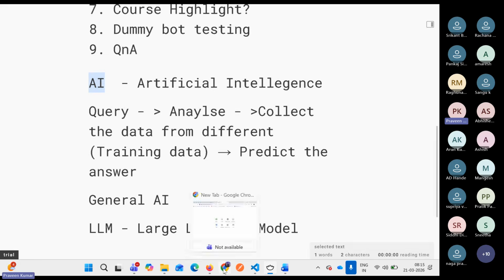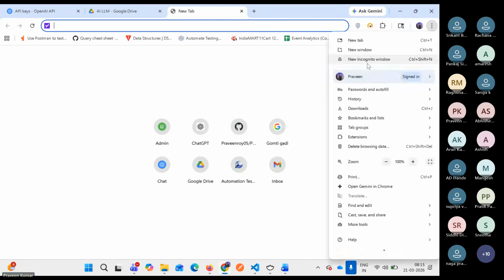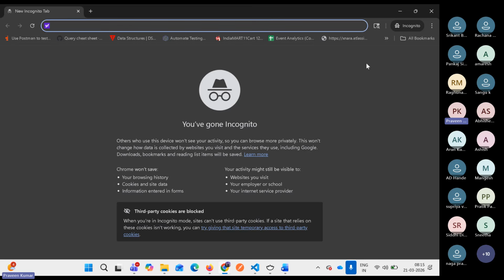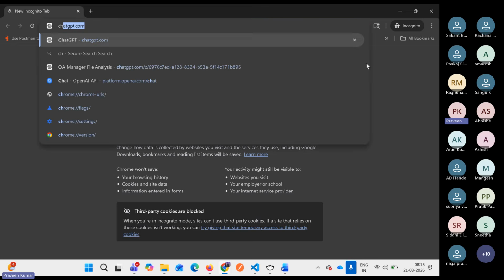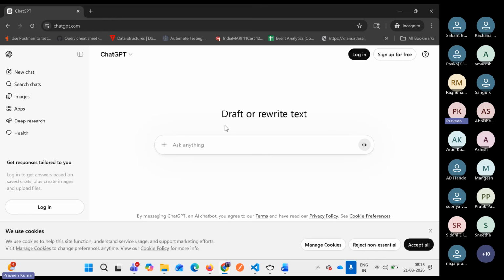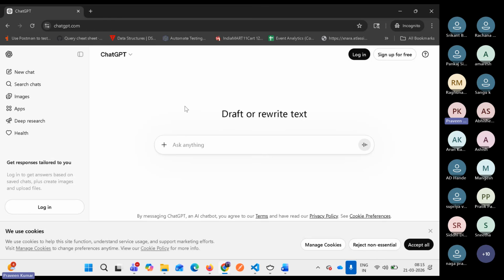If I talk about it in terms of showing you, let's say ChatGPT, you might be using it on a daily basis, or whenever it comes to work. This ChatGPT is known as AI. But when you log in, you will see there are different models available.